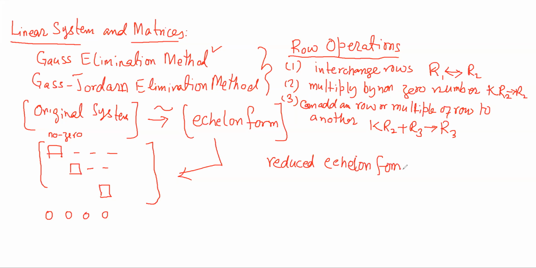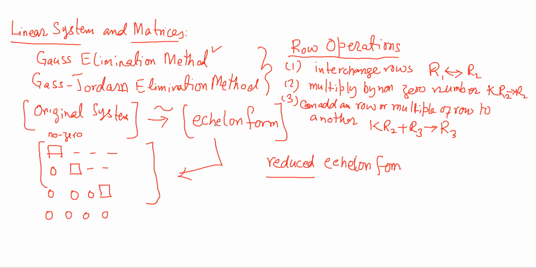So what is the reduced echelon form? In the reduced echelon form, in addition to the echelon form, there will be zeros above the leading term as well. So for example, in the echelon form, there will be a 0 below this leading term and below this leading term, and then there will be a 0 over here, okay? And of course, 0 was there already over here. But in the reduced echelon form, there will be a 0 over here as well, over the leading term.